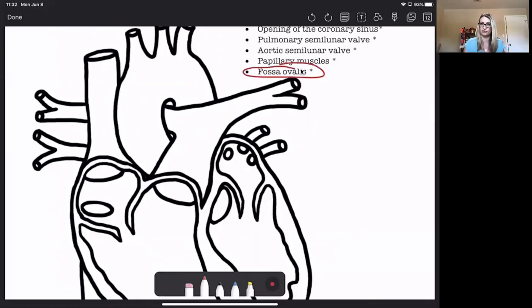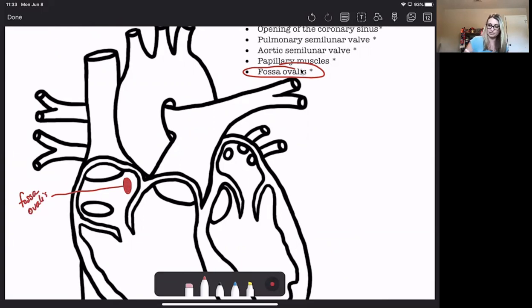That's not on this heart, but you know that fossa ovalis is on the right side, in the right atrium, and it's somewhere here. So you would draw it in, and then you would label this as fossa ovalis.